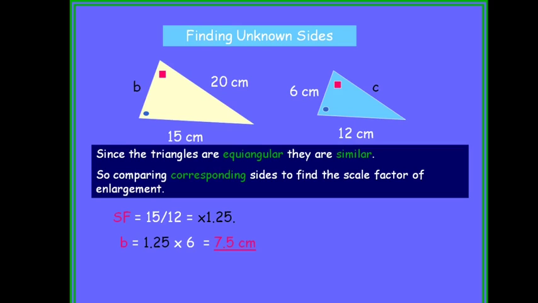The corresponding side of B is 6 centimeter in the other triangle. So when you multiply 1.25, that is the scale factor, with the length of the corresponding side in the other triangle, you will get 7.5 centimeter. So B is 7.5 centimeter.